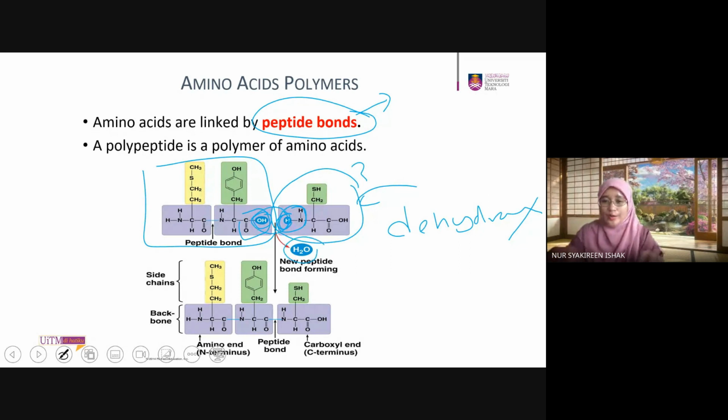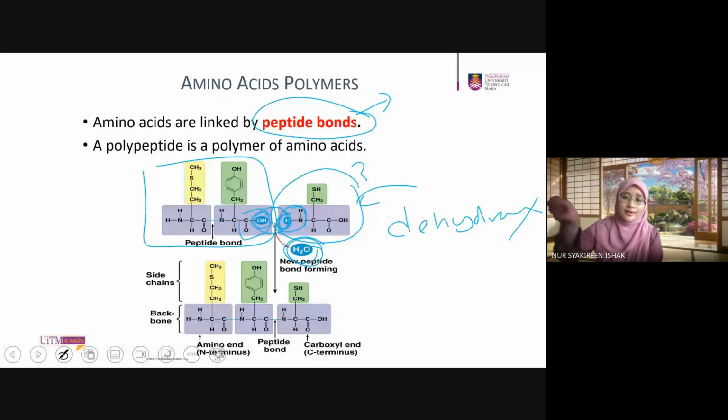So for each peptide bond formed that attaches amino acids together, it releases a water molecule. So if you need to add another amino acid, it also releases a water molecule.